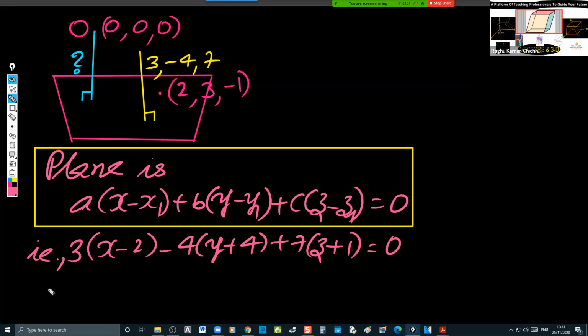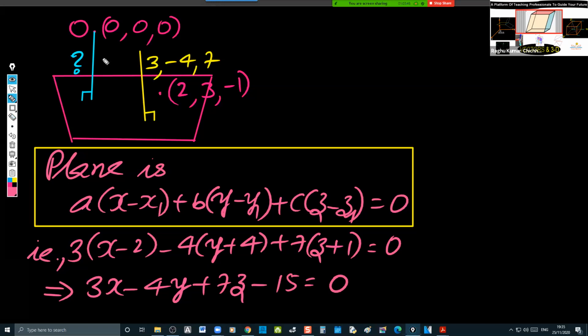Implies 3x minus 4y plus 7z minus 6 minus 12 plus 7, that is minus 11, equal to 0.